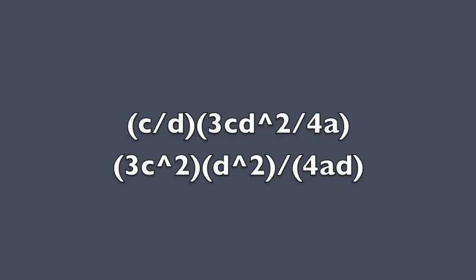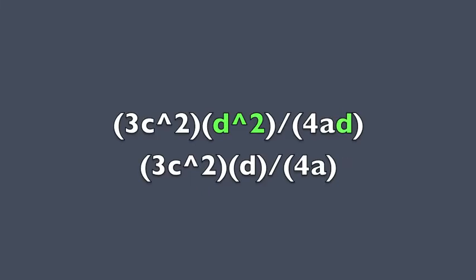At this point, you multiply through, so you get 3c squared d squared over 4ad. Now recall from before, we have to simplify. There is d squared in the numerator and a d in the denominator, so you can take out a d from the numerator and eliminate the d from the denominator. So the answer is 3c squared d over 4a.